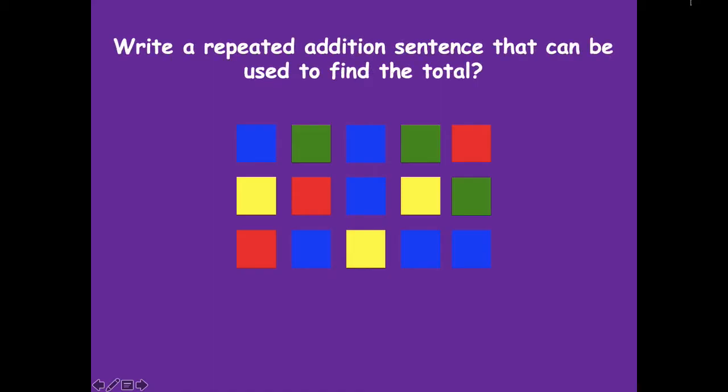So you're going to write a repeated addition sentence that can be used to find the total. So pause the video, write your repeated addition sentence, and then click play when you're ready for the next step. All right, pause if you need more time. All right, so I have 5 plus 5 plus 5 equals 15 because there's 3 rows with 5 in each row.